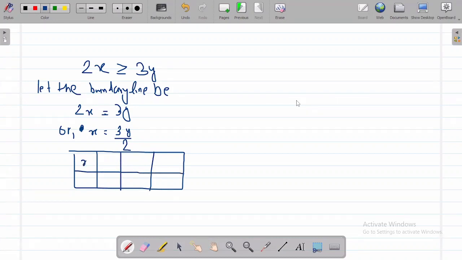So Christy, please help me for 1 point. When y is equals to 2, x will be 3. Very good. Well done. Now, any others, please? Let's go to Amrita. Amrita, please help me for 1 more point. Yes, sir. Please help me.